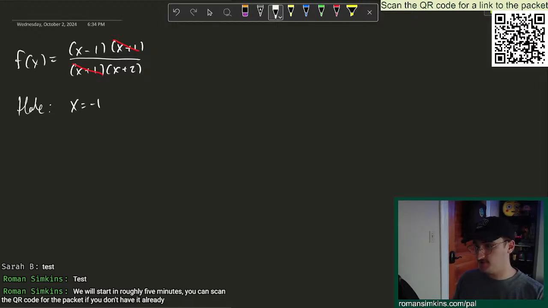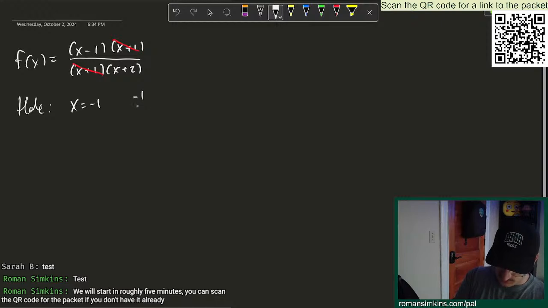So we take that x value and plug it back into the function. If I plug in x equals -1 into our function, and let me actually, I guess I should have done this first, our simplified version of the function will look like this after cancellation.